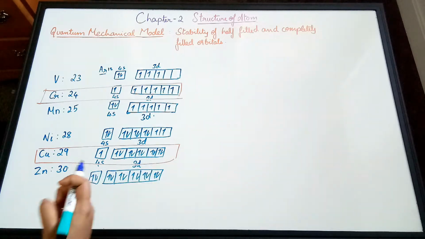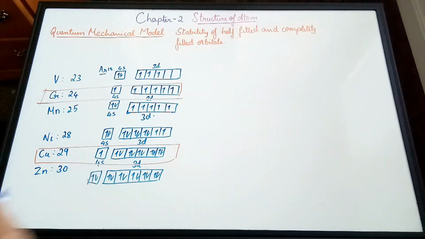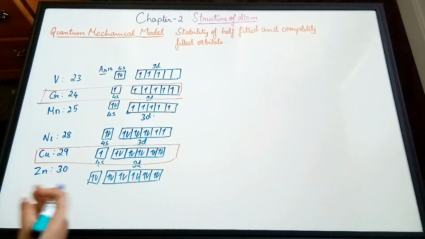The number of exchanges is maximum for a half-filled and a completely filled orbital, and that is why the half-filled and completely filled orbital is more stable than any other kind of orbital.